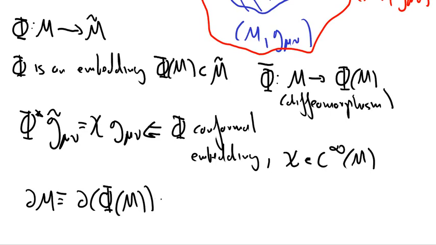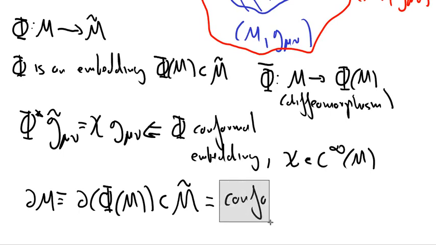This is a subset of the big manifold, and this is the so-called, let me just use the red color because this is important, the so-called conformal boundary.